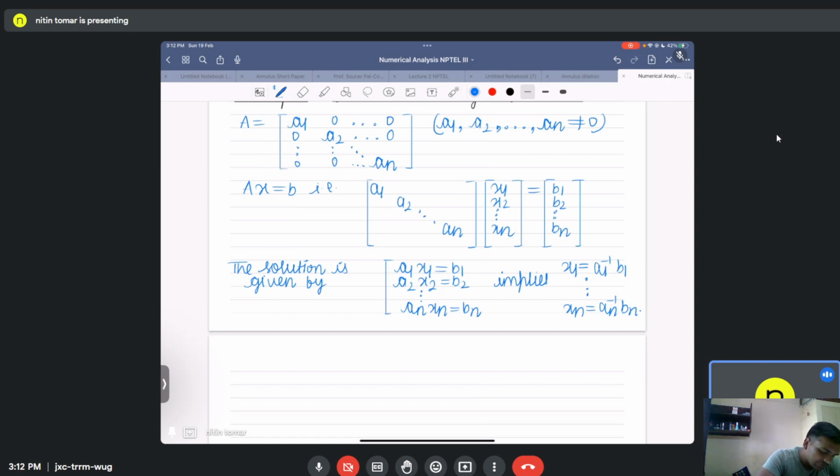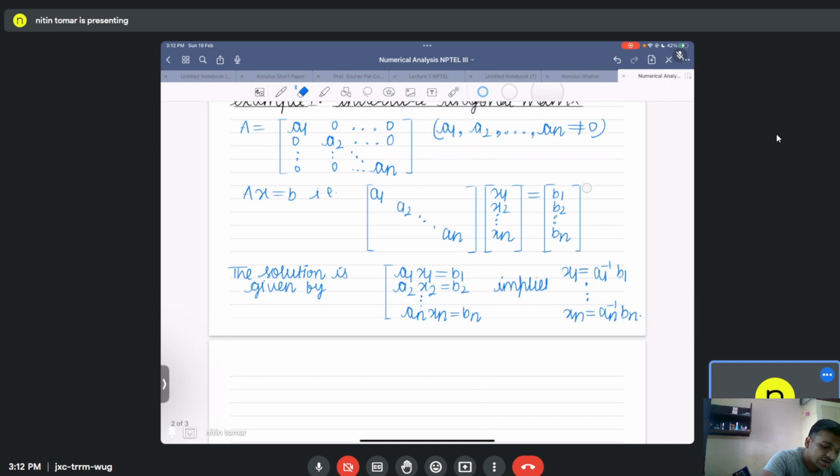But to do that, we have to do a lot of computation, correct? Yes, sir. So if A is an invertible diagonal matrix, anyhow if A is invertible the system has a unique solution. In particular, when it is an invertible diagonal matrix, it is one of the easiest forms of A in which you can find the solution in the easiest way.